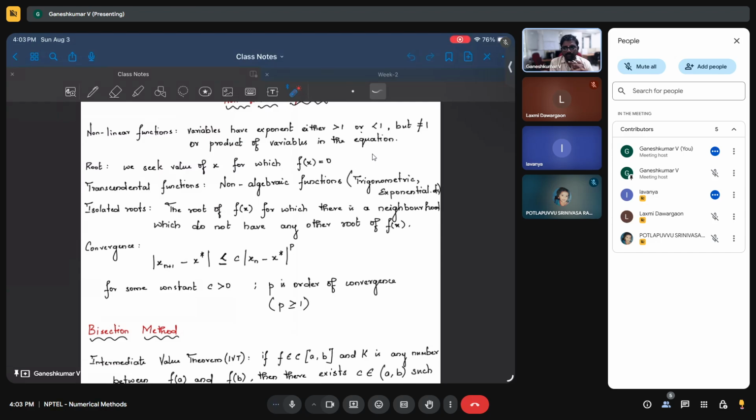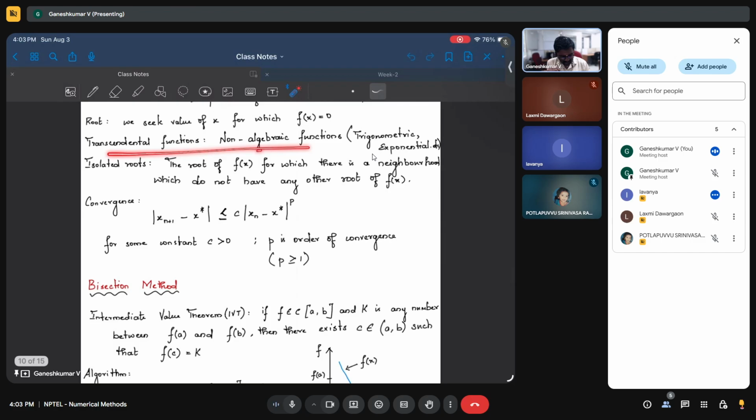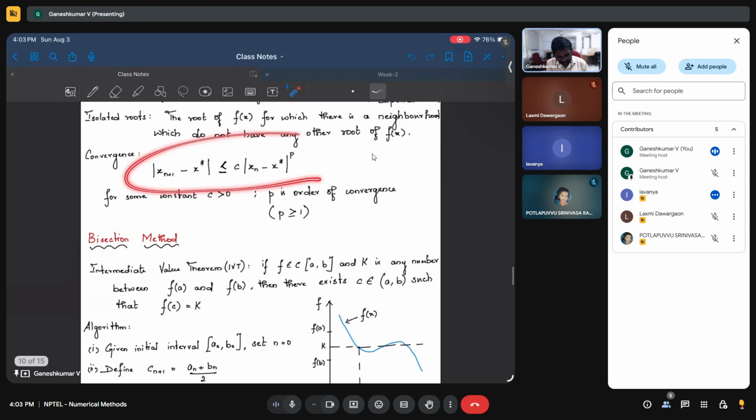A root is what we call the value of x for which f of x, the nonlinear equation, becomes 0. Transcendental functions are nothing but another word for non-algebraic functions. Then we also saw isolated roots and convergence.